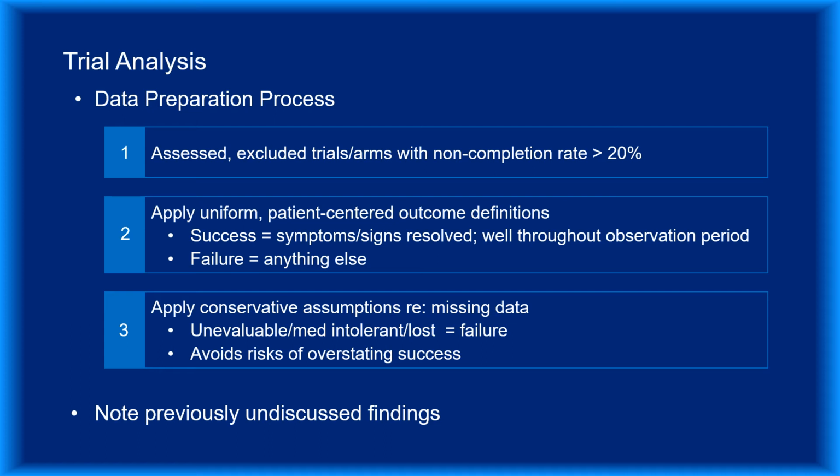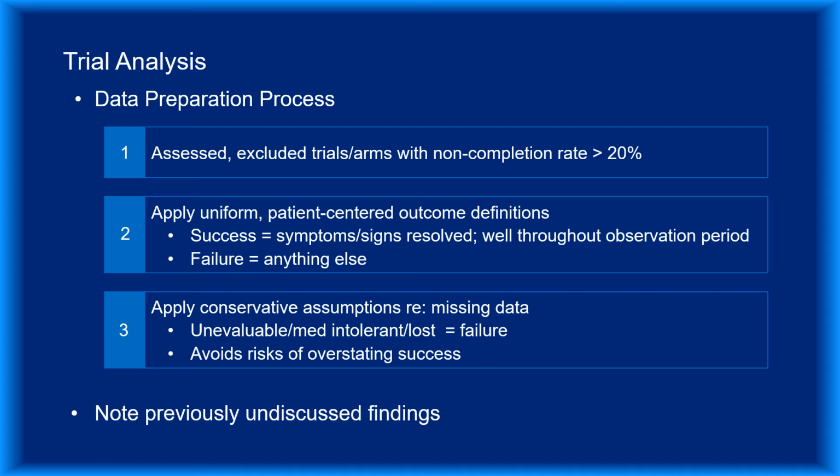Subjects who dropped out for any reason, medication intolerance, allergic reaction, treatment failure, or disease relapse, and loss to follow-up, were counted as failures. Outcome definitions varied between the original trials, but they were generally disease-centered. For example, subjects who cleared their rash but remained symptomatic were typically categorized as treatment successes.